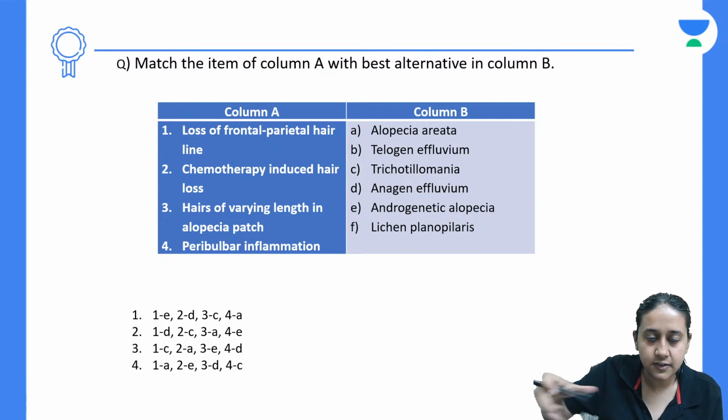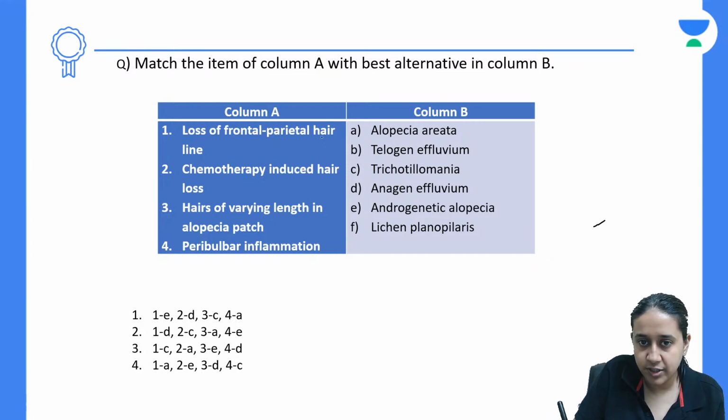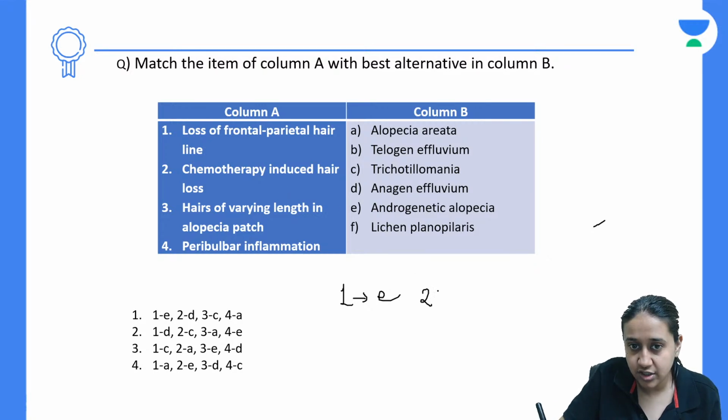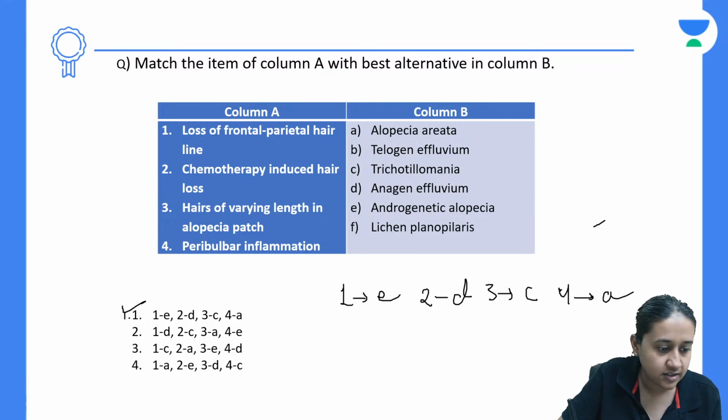Very nice. Loss of frontoparietal hair is a feature of androgenic alopecia, so 1 is for E. Chemotherapeutic is anagen effluvium, 2 is for D. Hair of variable length is for trichotillomania, number C. And peribulbar inflammation is for alopecia areata, number A. The correct answer is option number 1.